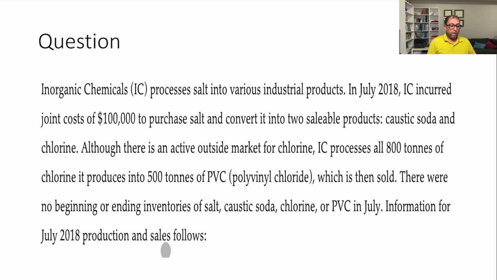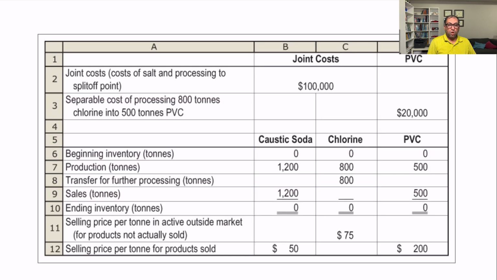Although there is an active outside market for chlorine, IC processes all 800 tons of chlorine it produces into 500 tons of PVC, polyvinyl chloride, which is then sold. There were no beginning or ending inventories of salt, caustic soda, chlorine or PVC in July. Information for July 2018 production and sales is below.